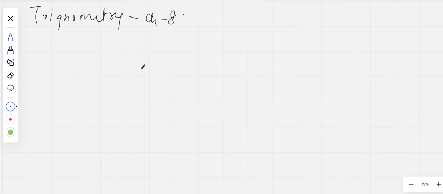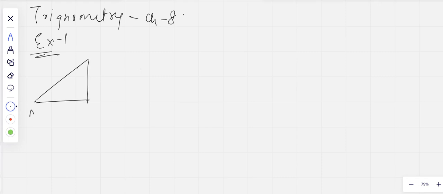Now we'll apply those lessons on example 1 of chapter 8 of the NCERT book. In example 1, we are given the value of tan A is 4 by 3 and we need to find the other trigonometric ratios of the angle A. So let's make a triangle first.